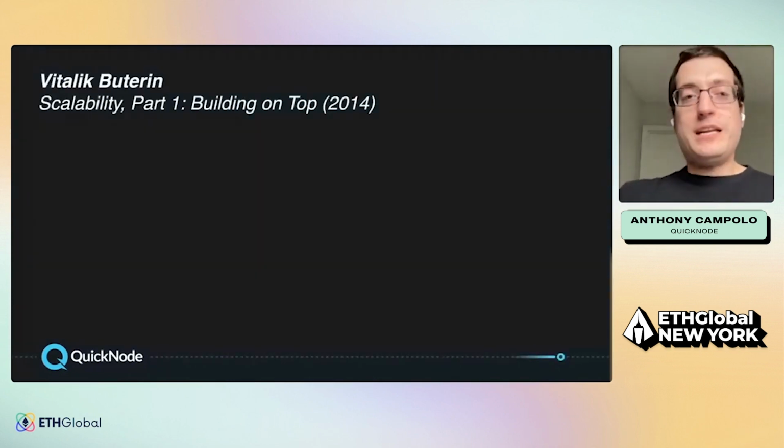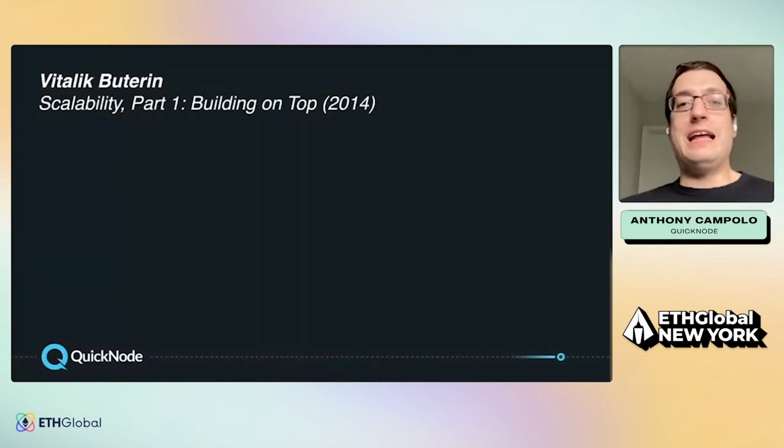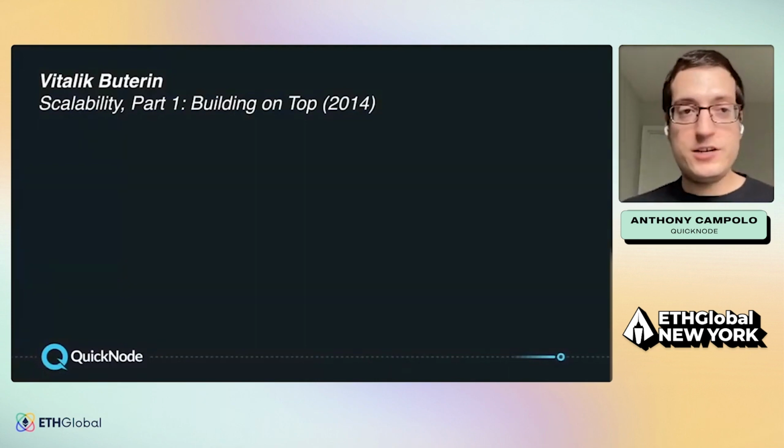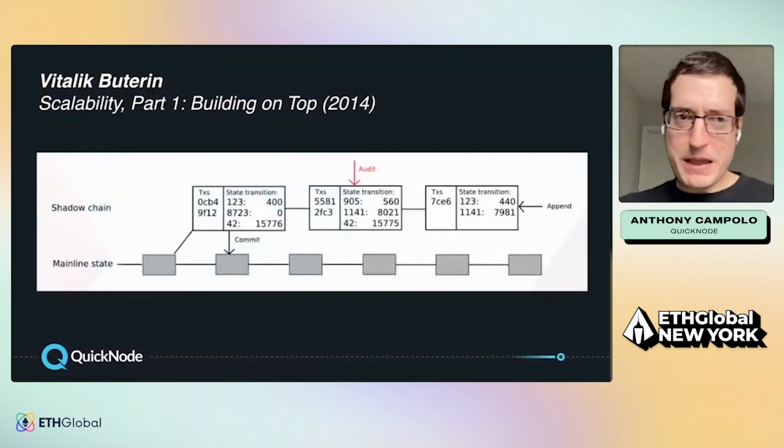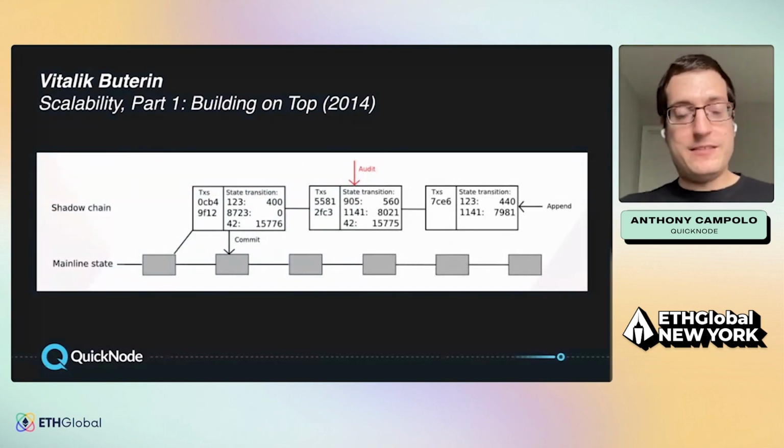Now, we're going to talk a little bit about the history here, and we're going to go through the whole timeline, starting with this first paper from Vitalik Buterin. May have been a blog post, not a paper, but there'll be citations all at the end. And what this is, is a concept called shadow chain. There'd be a mainline state, and then there'd be a shadow chain.